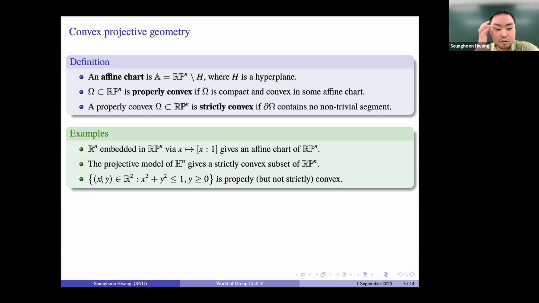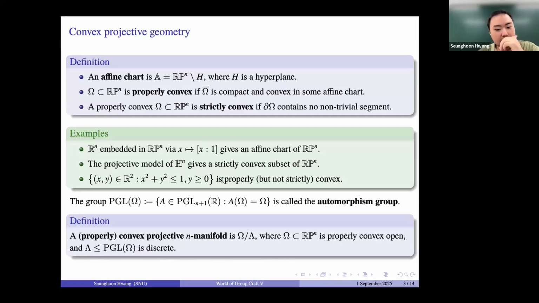And here's a very elementary example. Let's consider a disk folded in half. Then this will give a properly but not strictly convex subset.